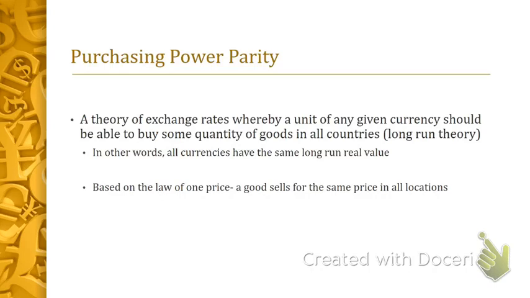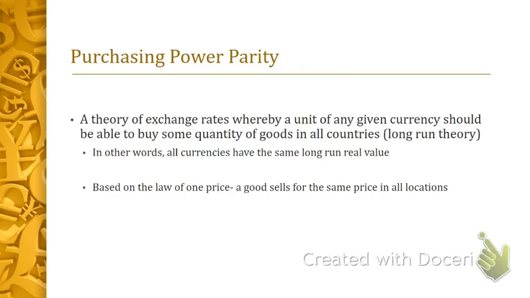So, like our example, you could get a half pound of Swiss cheese and a pound of American cheese with the real exchange rate we talked about, with the same amount of currency.